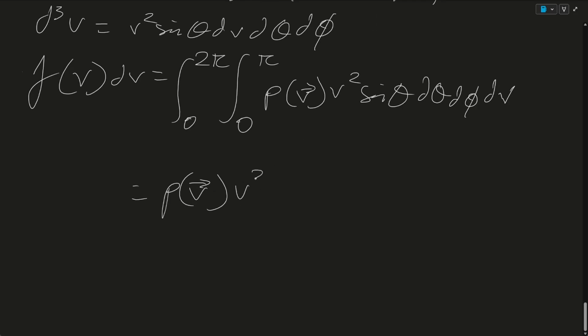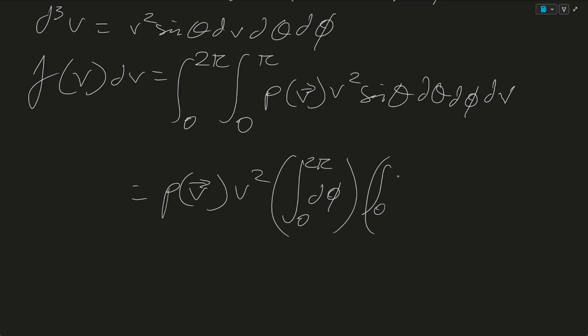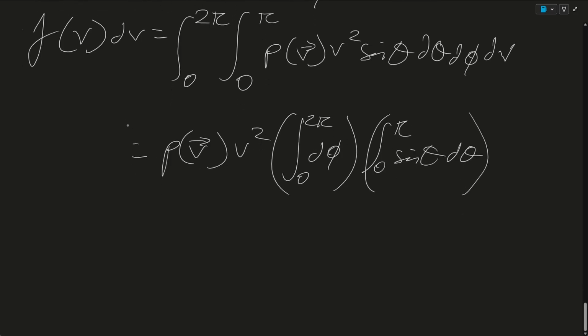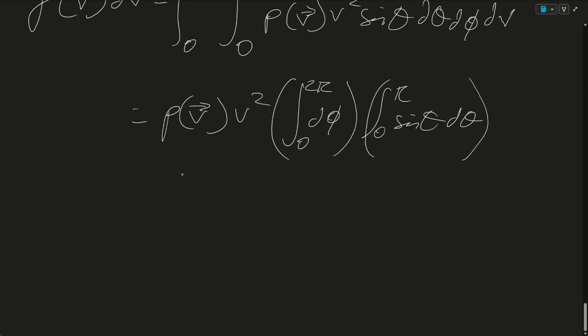So p of v, v squared, integral from 0 to 2 pi d phi, and then just the integral from 0 to pi of sine theta d theta. I wonder what that could be. So this is just 2 pi, and that's just minus 1 minus 1, no, minus 1 minus 1, minus 1 minus 1, just 2.